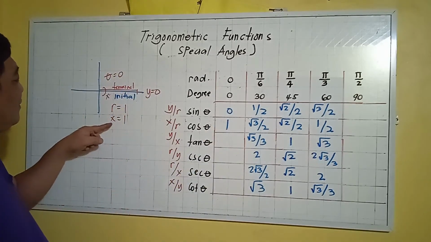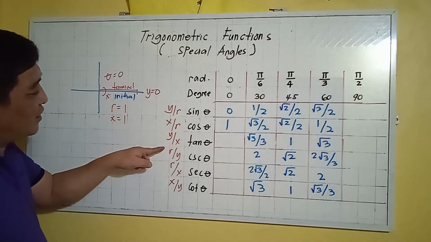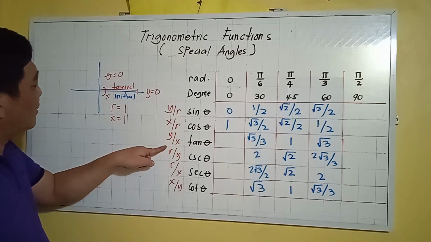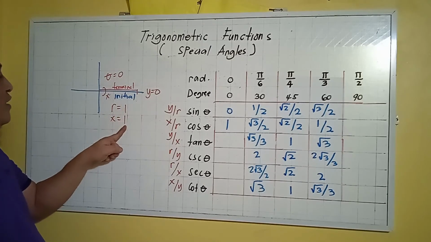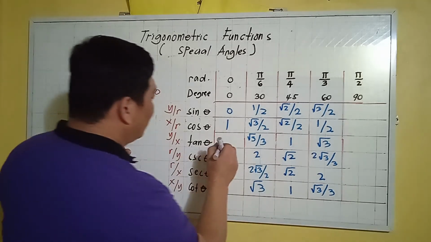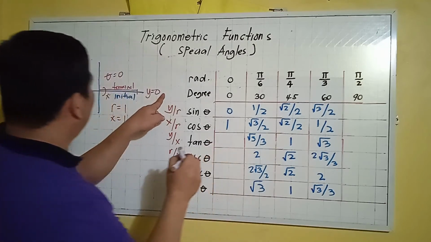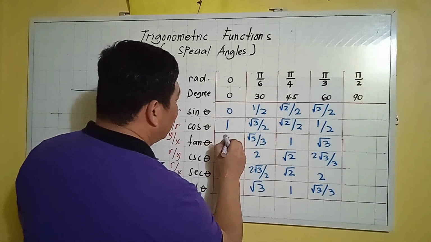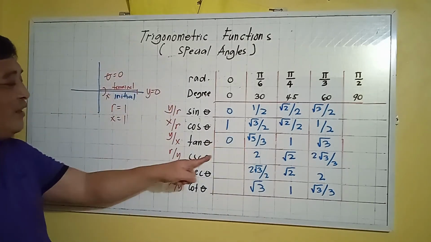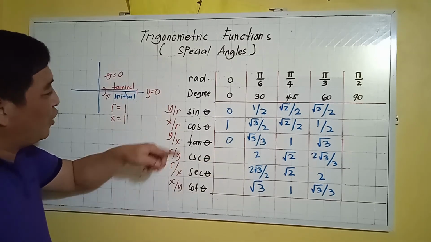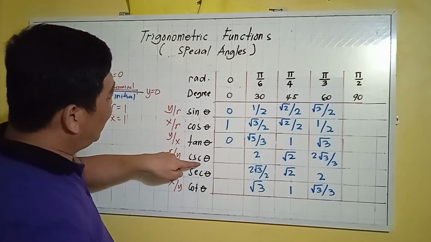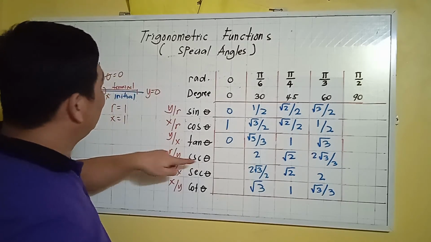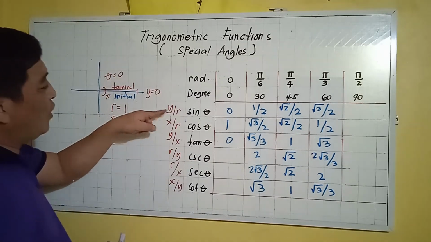Tangent theta is y over x, 0 over 1, that is equal to 0. Cosecant theta is the reciprocal of sine theta, y over r.